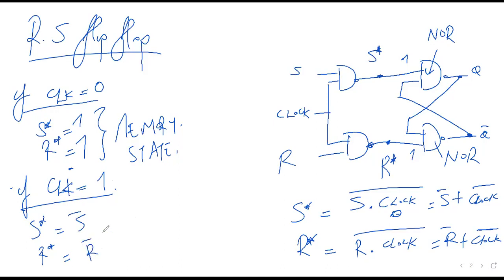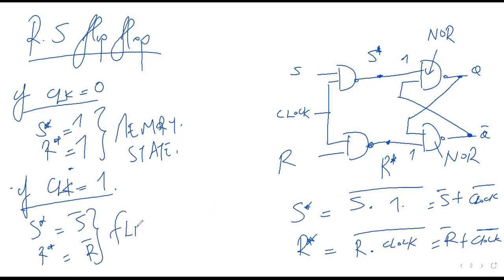R star is equal to R bar. Because if I put a 1 here, I get S multiplied by 1 bar. This is equal to S bar. All right. If I have an S bar and an R bar, then we have the states flip-flopping.